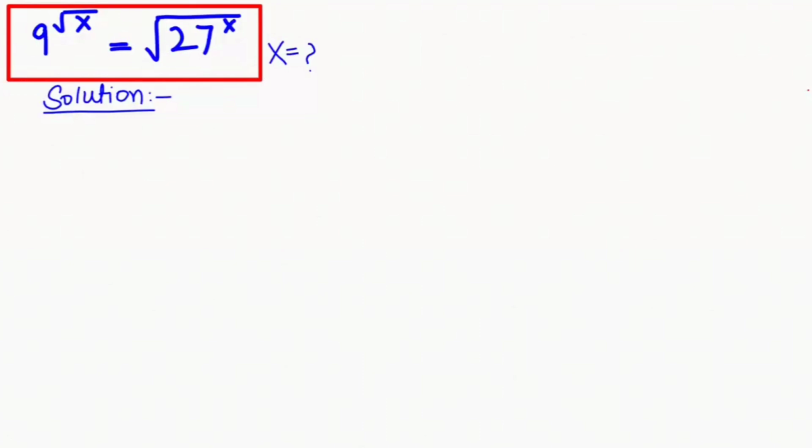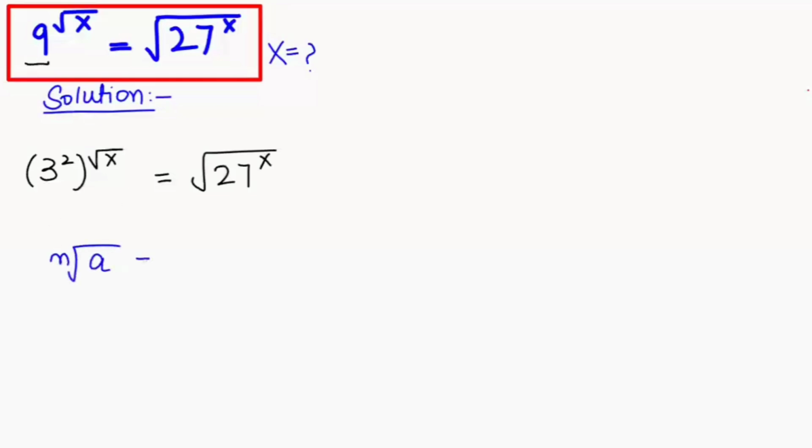In the first step, I am going to write this 9 in the form of a power, (3 to the power of 2) whole to the power of root of x is equal to 27 to the power of x, and this is under a root. Now here I will apply the radical rule, that is, the n-th root of a can be written as a to the power of 1 over n, and here a root is always equal to raising to the power of 1 over 2.